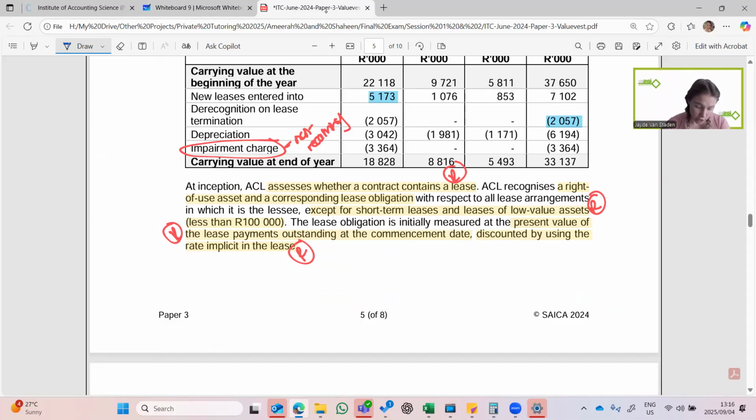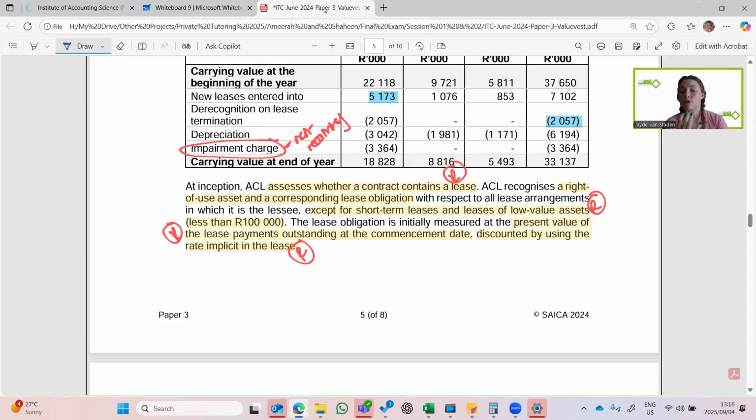Okay, the lease obligation is initially measured at the present value of lease payments outstanding at the commencement date. So similarly, now we're going to think about accuracy because we're dealing with a number, calculation. So there's a chance that due to the complexity of IFRS 16, the present value of the lease payments outstanding is done incorrectly, or another effect is we use the incorrect discount rate.